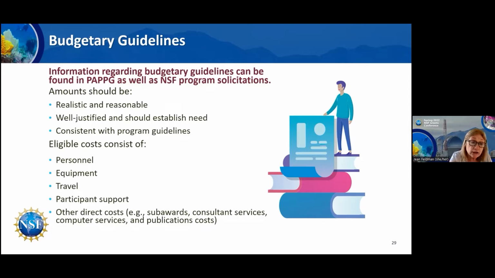So there are eligible costs that are identified on that budget. And one of these categories that I believe is worth mentioning and providing more detail on is the personnel category.